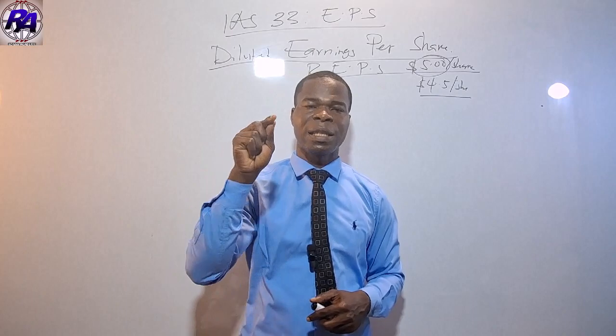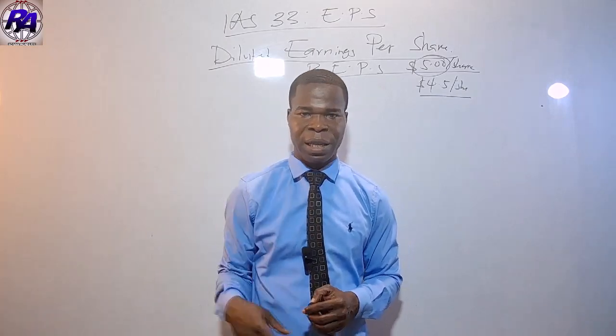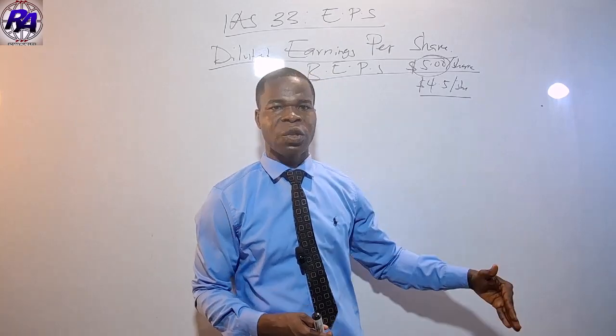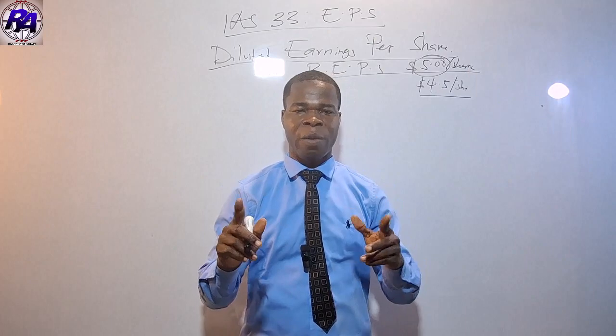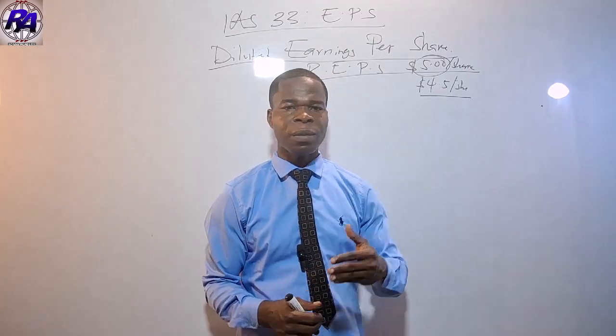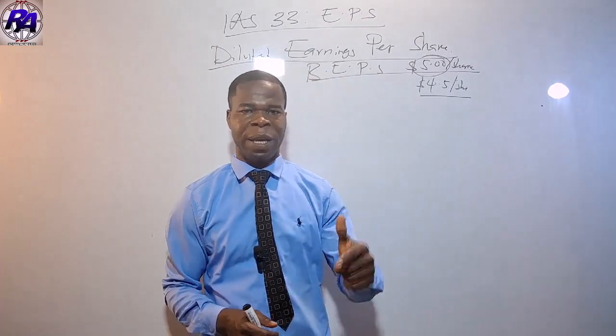The standard requires that entities must provide information on their diluted earnings per share, for the current period and the comparative. So it's very important that we understand how to compute diluted earnings per share.